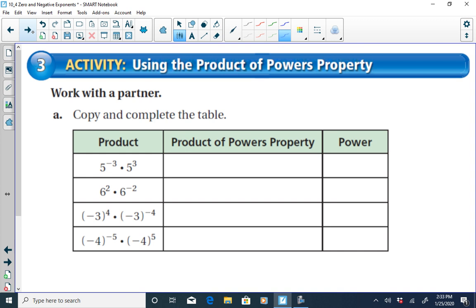Explore negative exponents using the product of powers property. So we have 5 to the negative 3 times 5 to the third. That's the same as 5 to the negative 3 plus 3, which is the same as 5 to the 0 power. And 5 to the 0 power is going to be equal to 1.